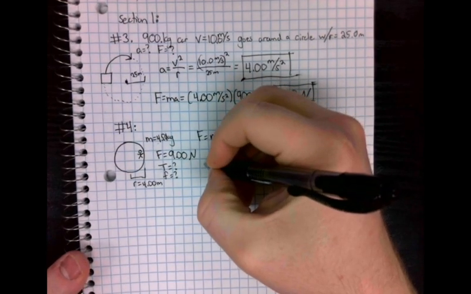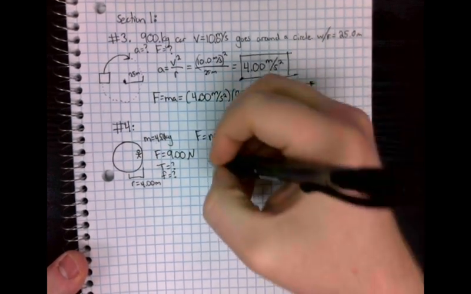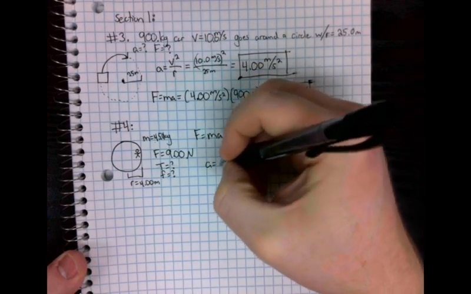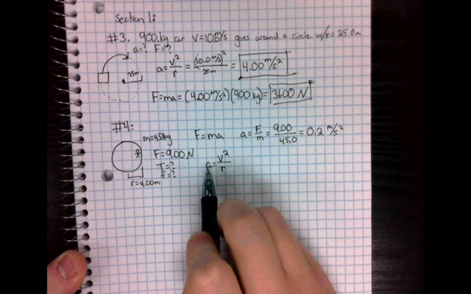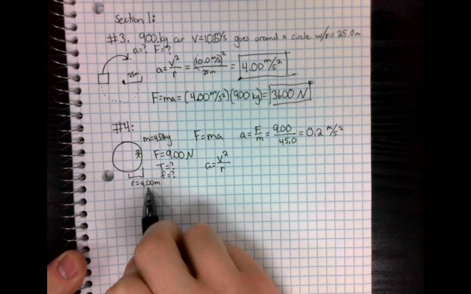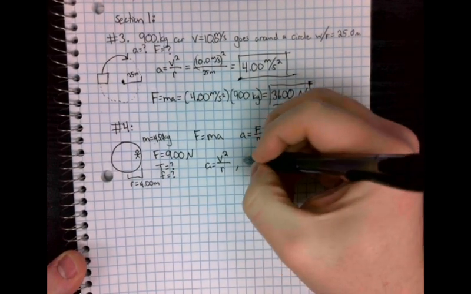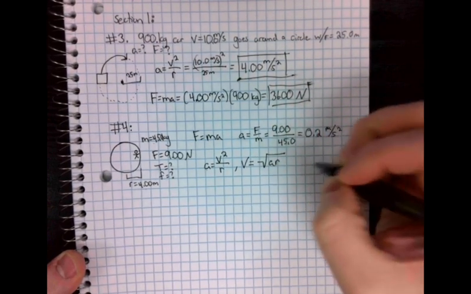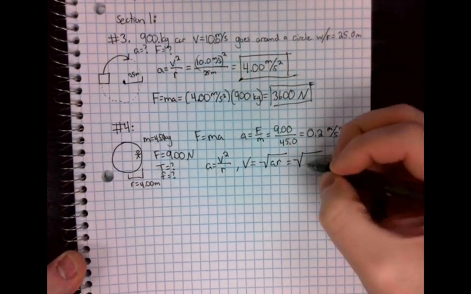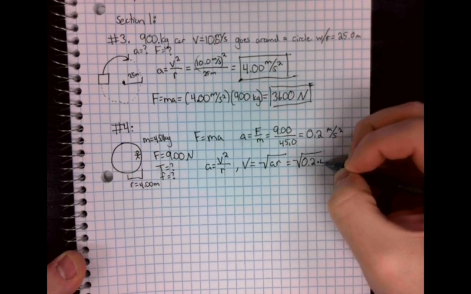Next step, we have our acceleration equation: acceleration is velocity squared over radius, and we now have acceleration. We also have radius, so we want velocity. Velocity is equal to the square root of a times r, or in this case, the square root of 0.2 times 4.